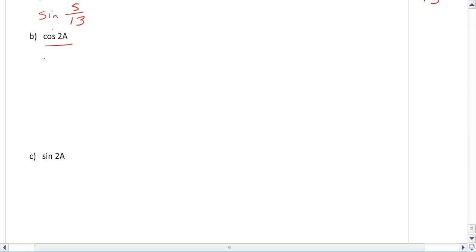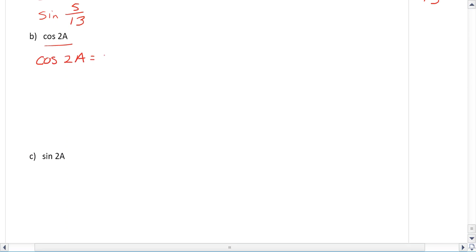So if I know the sine and I want to find the cosine, just scan down those three double angle identities and we want to choose the one that's going to bring us to what we want. So if we have sine and we want cosine, that looks to me like we should use the second one. I'll just write it here to refer to.